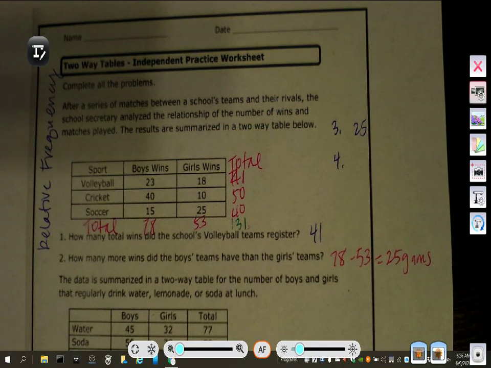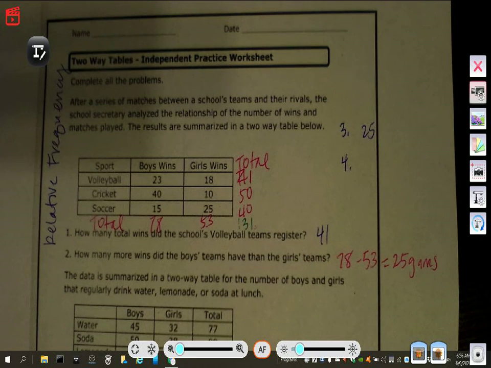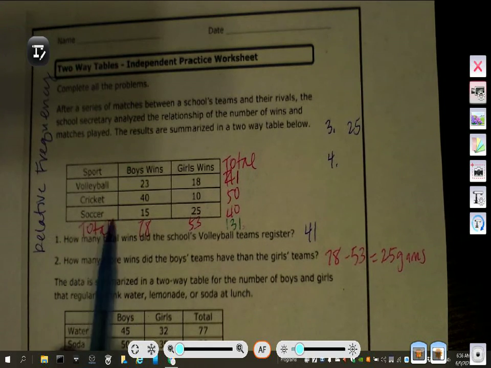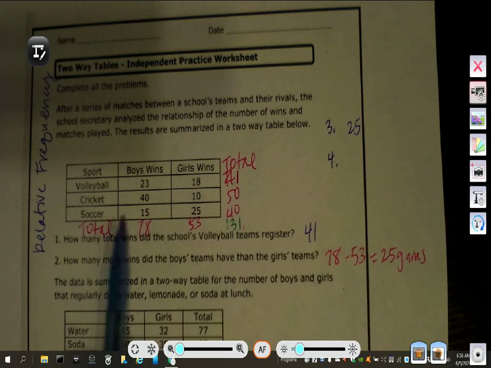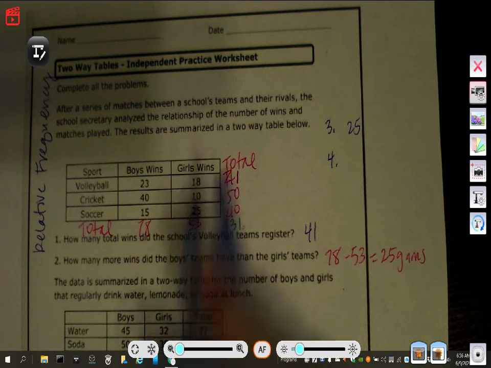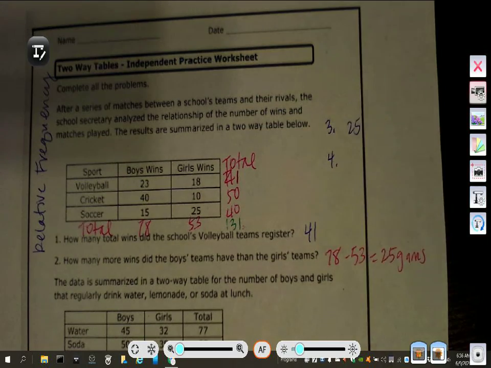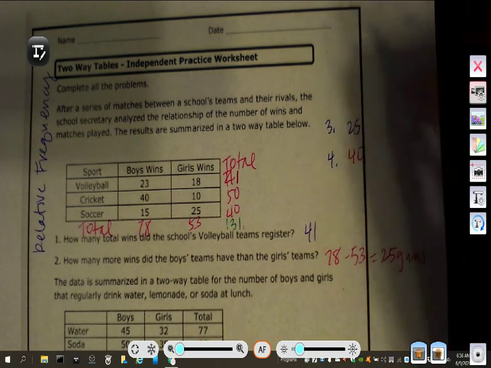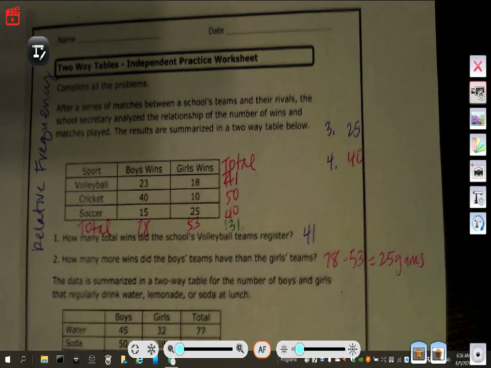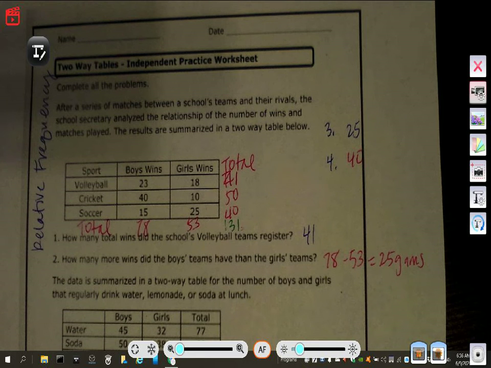And if I told you to find the total number of soccer wins, I'm looking at that same row, but now it's boys and girls combined, so I'm talking about the total, the number 40 right there. So really, when we're asking about relative frequency, you're just looking at the chart to see what value or count that is.